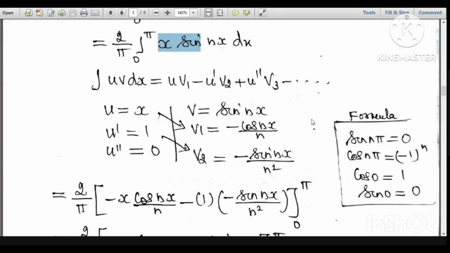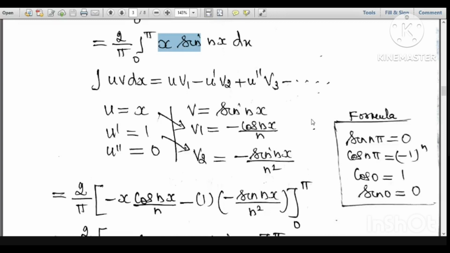Integrating minus cos nx divided by n, we get minus 1 by n integral cos nx dx. Cos nx dx integrates to sin nx divided by n. Already there is minus 1 by n into sin nx by n, so this will be minus sin nx by n square. This is v2. So v1 is equal to minus cos nx by n, and v2 is equal to minus sin nx by n square.